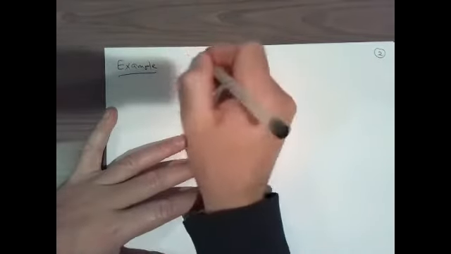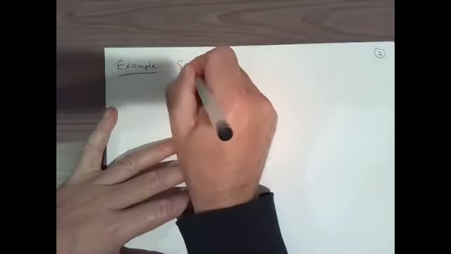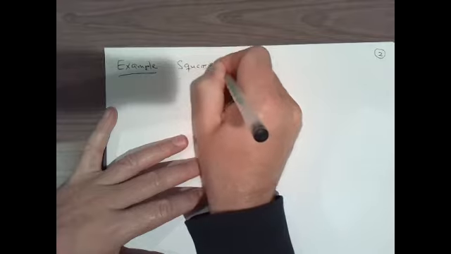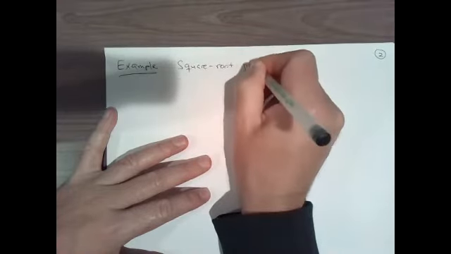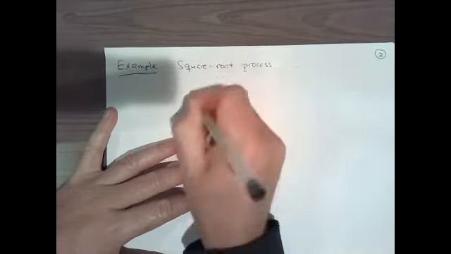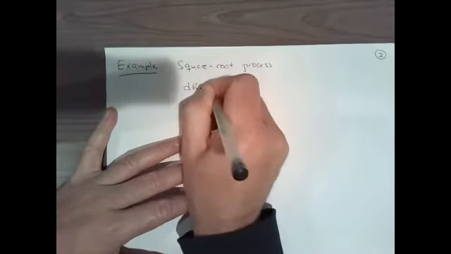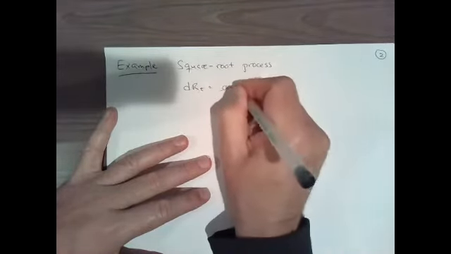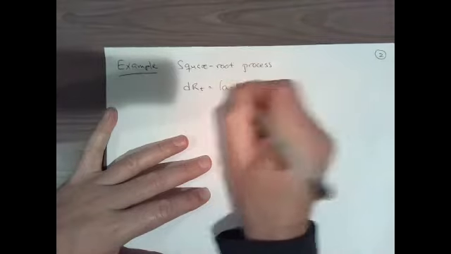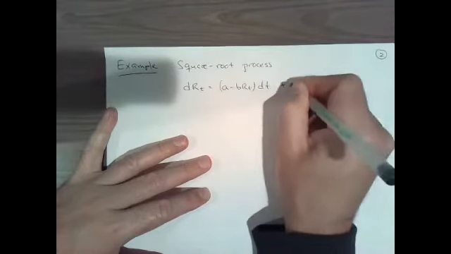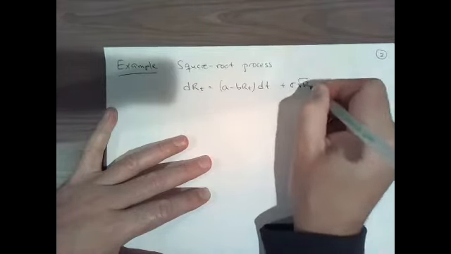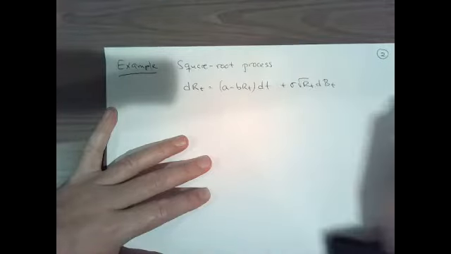We're going to look at this square root process. We also had that one last time. So we're going to look at dR_t equal to (a minus bR_t) dt plus sigma square root of R_t dB_t.